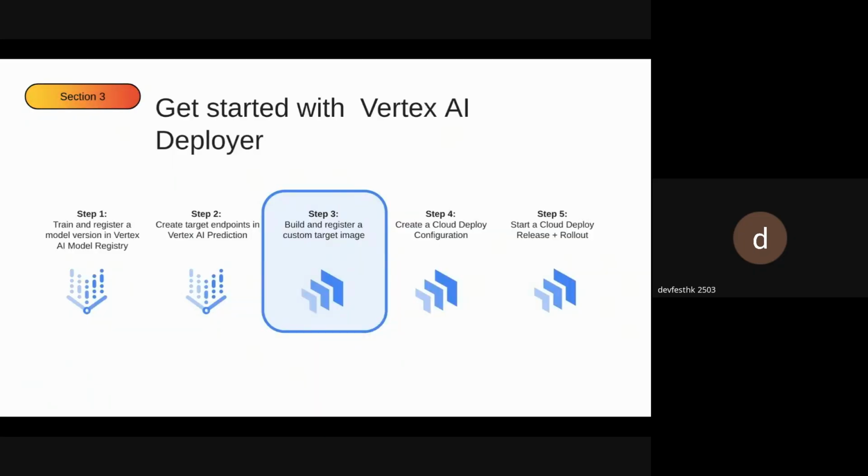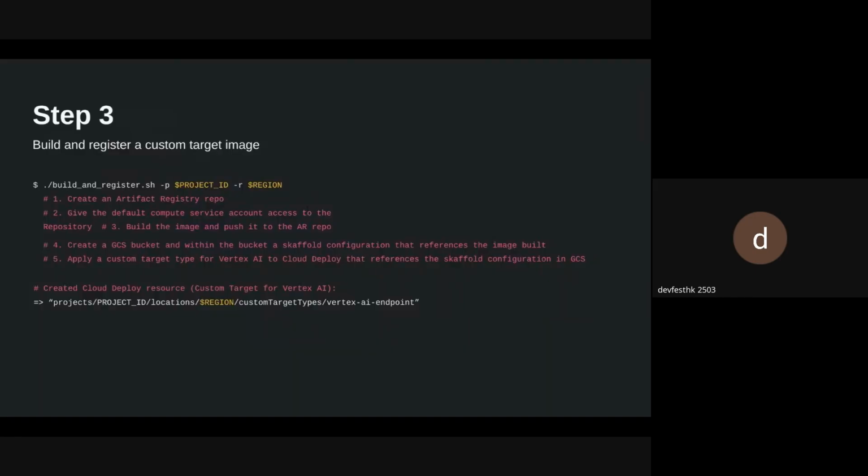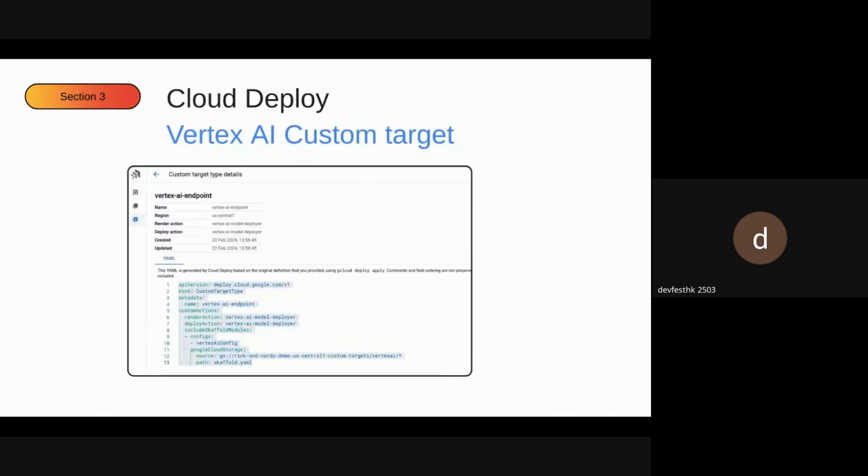Then we will register a custom target image in Cloud Deploy. Here we are using the command line to build and register the custom target. Here is the YAML file that I mentioned before. We set the source of the YAML file, for example, in storage.